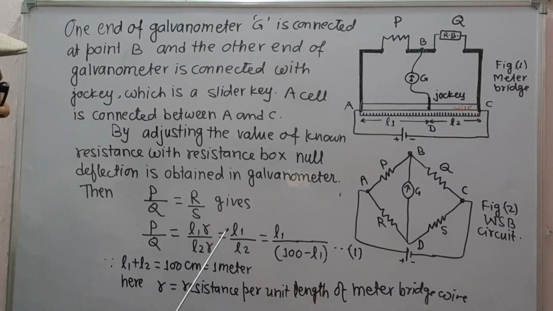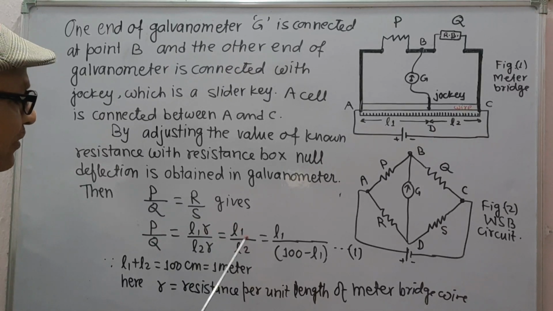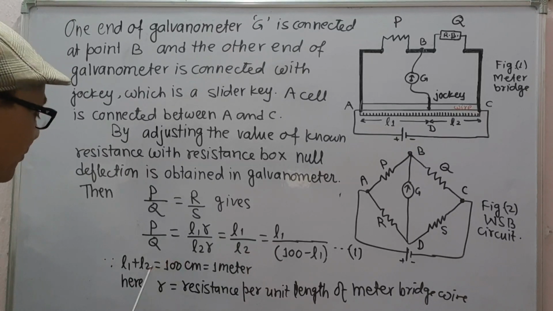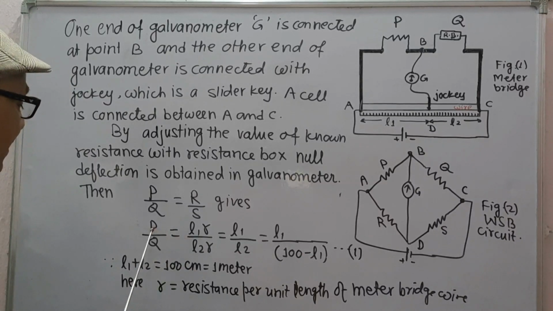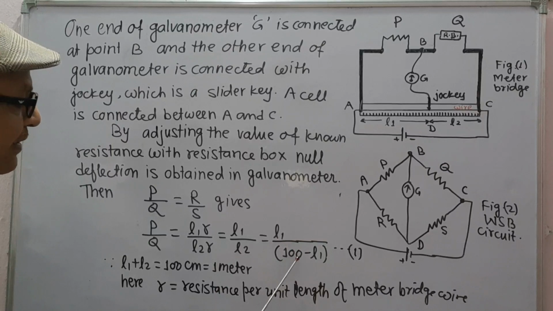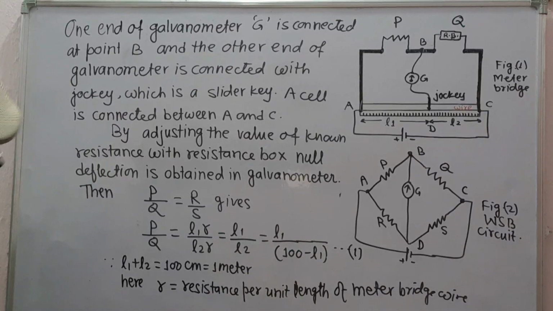So r gets cancelled. We get P upon Q is equal to L1 upon L2, because L1 plus L2 is equal to 100 cm or 1 meter. Therefore, L2 will be equal to 100 minus L1. So, P upon Q is equal to L1 upon 100 minus L1.